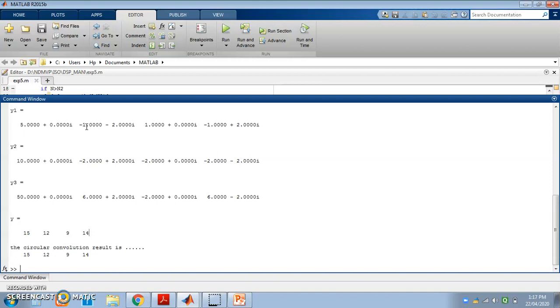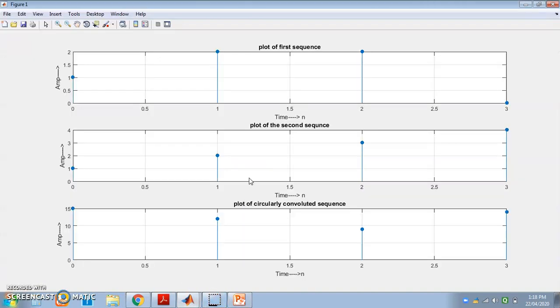This is about the original sequences and their DFT. Finally, I have the IDFT of y3, the multiplication of y1 and y2, and the figure file looks like this.